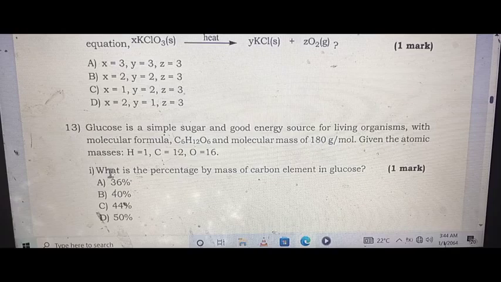Given the atomic masses, hydrogen equals 1, carbon equals 12, oxygen equals 16. What is the percentage by mass of carbon element in glucose? The correct answer is letter B, 40% of carbon.